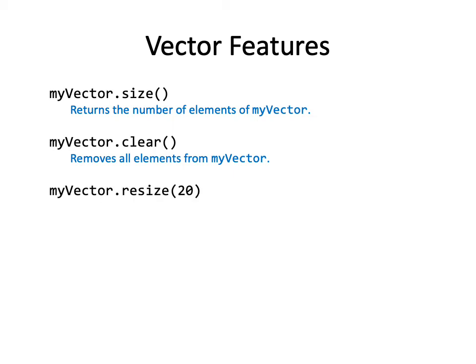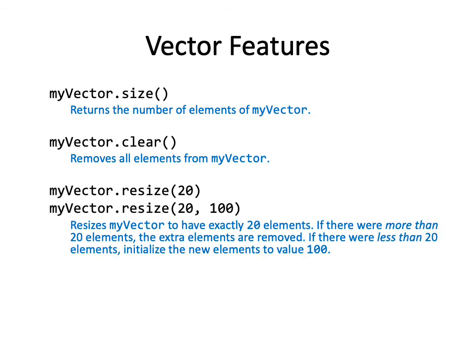Another useful one is resize. There are two different ways that you can call it. One is resize 20, and so if my vector has a size that's smaller than 20, then it will suddenly grow bigger, up to 20. If it's bigger than 20, say it has 50 elements, it's going to shrink and only contain the first 20 elements.